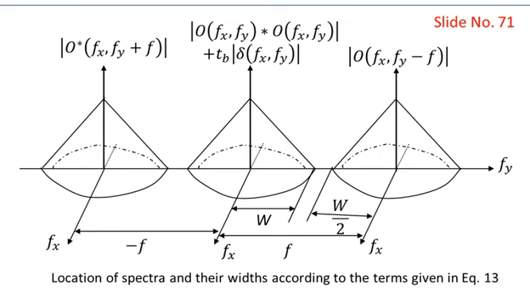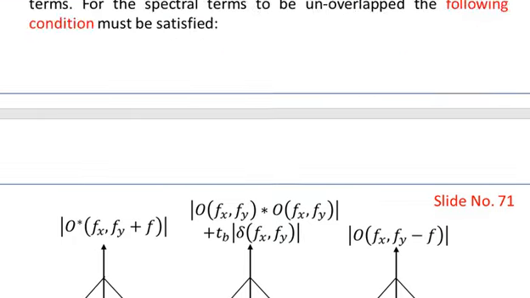And you know that we have shown plus f and minus f from the center of this position. That is, we have shown the center of the location of the absolute value of O and the absolute value of O star.